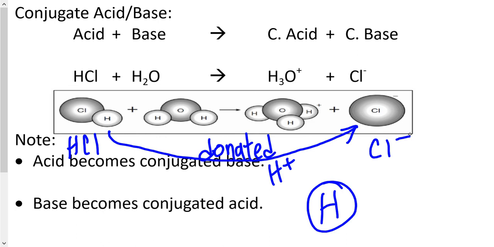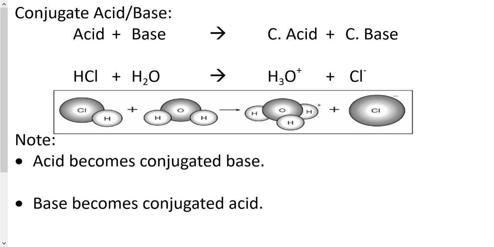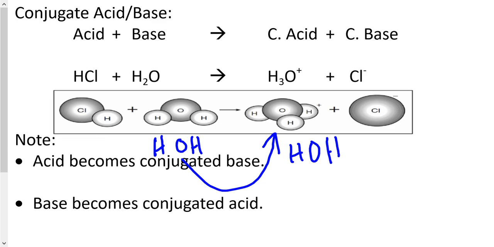Let's just say someone did not focus on HCl, instead they focused on water. So in a water molecule, we have two hydrogens and one oxygen. Look at the water molecule. What happened to this water molecule? Now, I still have two hydrogens and one oxygen, but this time I actually noticed an extra hydrogen, right?